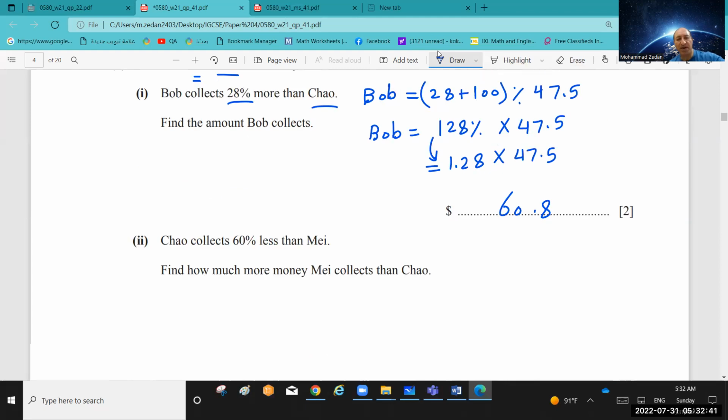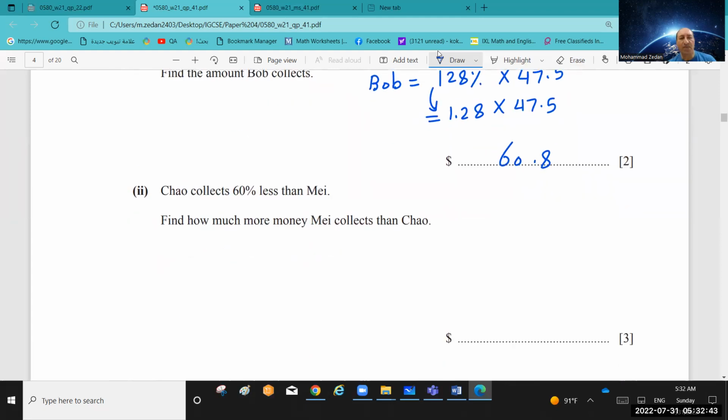Chow collects 60% less than May. Chow is given as 47.5. Let me show you how to do it. Chow collects 60% less means 100 minus 60, of May. May, I don't know.